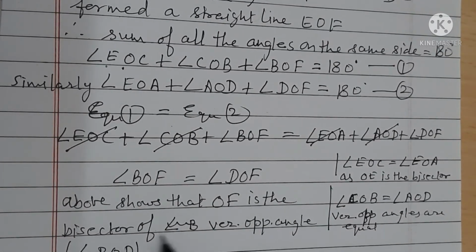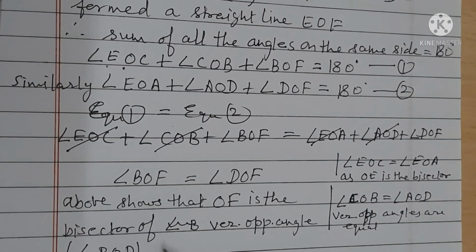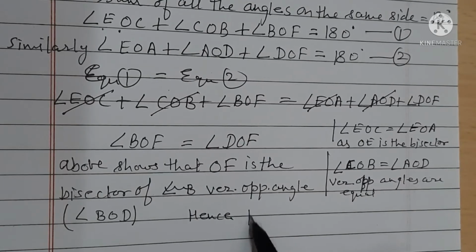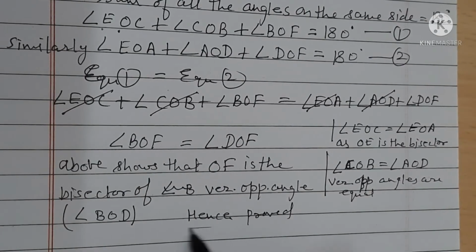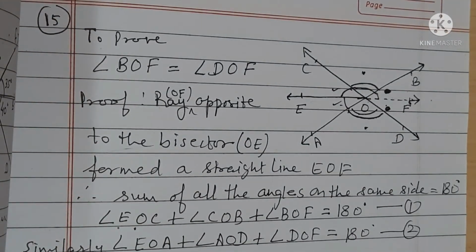So OF is the bisector of vertically opposite angle BOD. Hence proved. Very easy. Now see the complete solution.